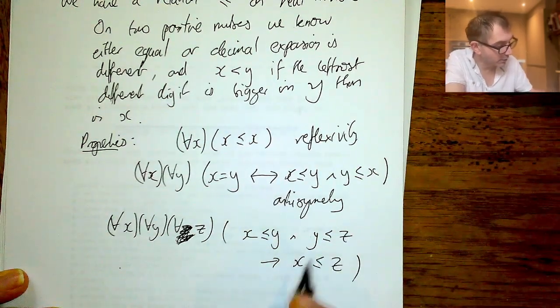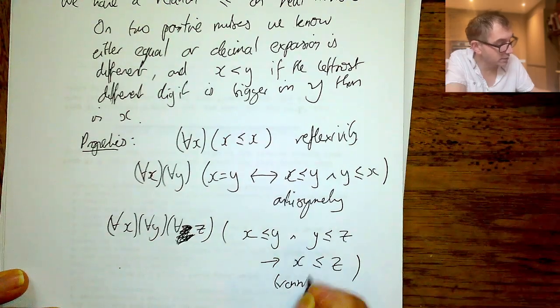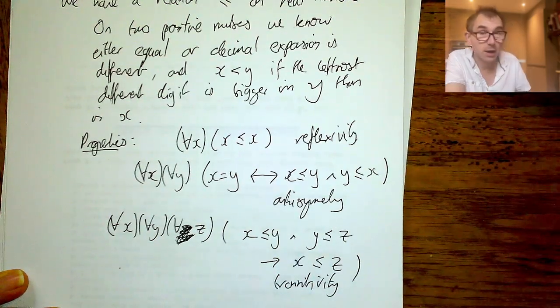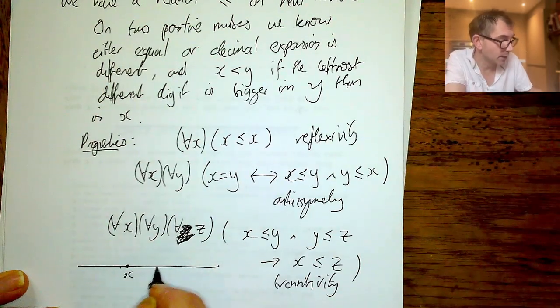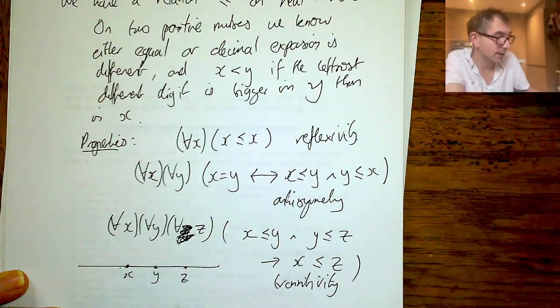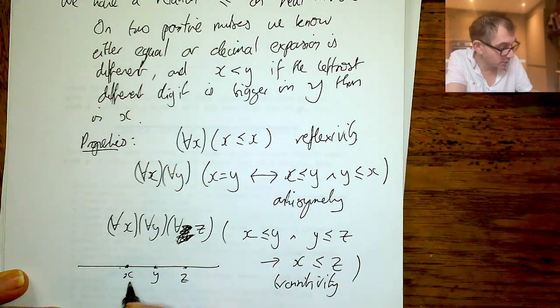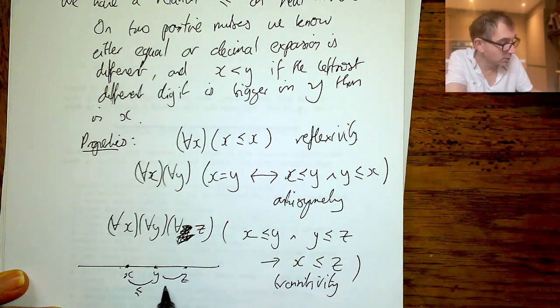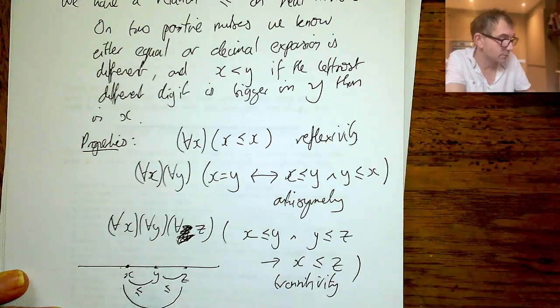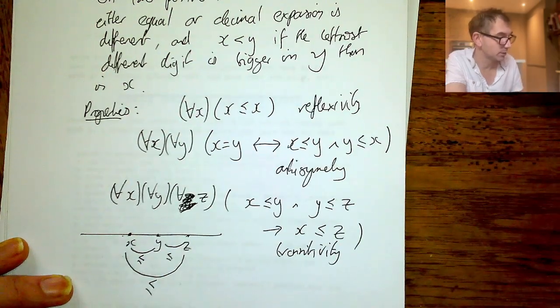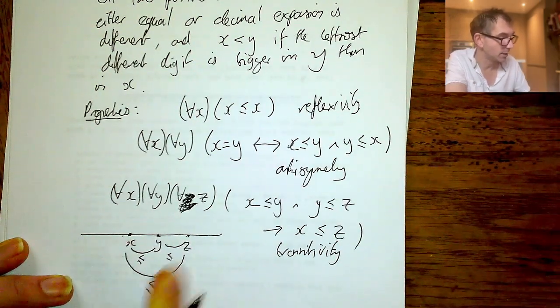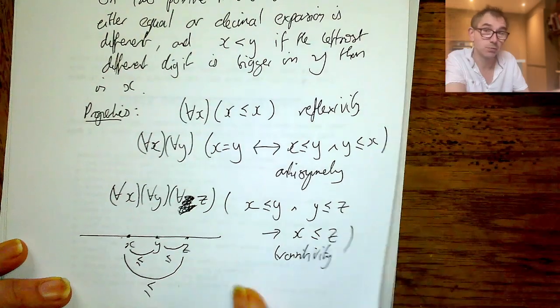The way to think about it is, if you think of a number line and you've got x here, y here and z here, then this is saying that x is less than or equal to y, this is saying that y is less than or equal to z, and the whole thing together implies that x is less than or equal to z. So that's an important one to know.